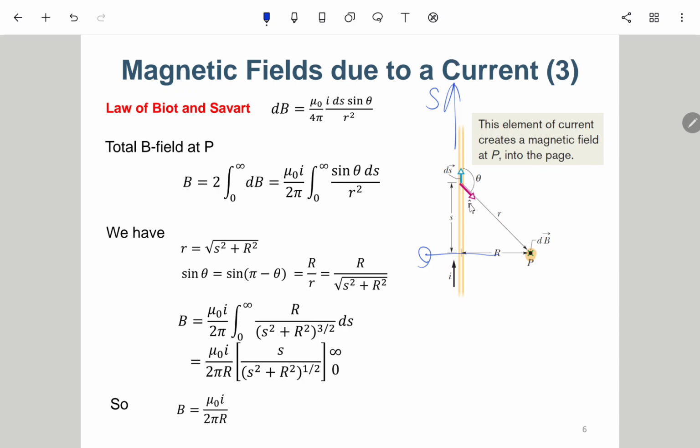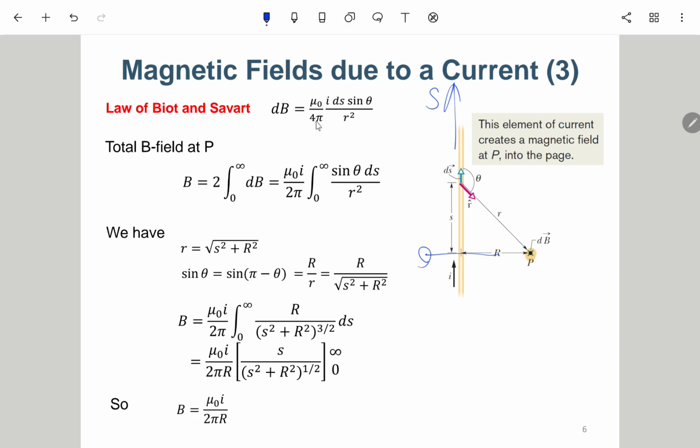But you can consider this half and this half. The positive half and the negative half give the same value and the same direction at this point, so we only need to calculate half of it, and then multiply it by 2 to give the correct answer.